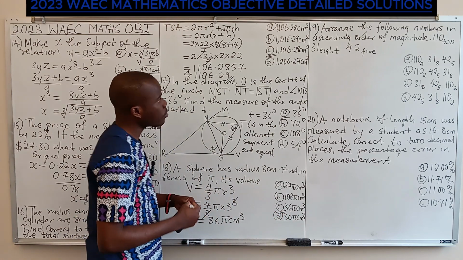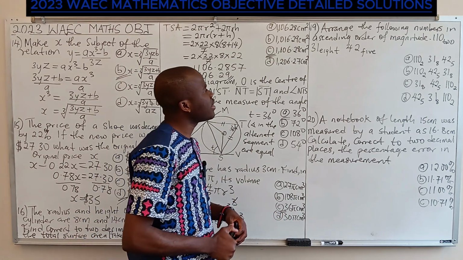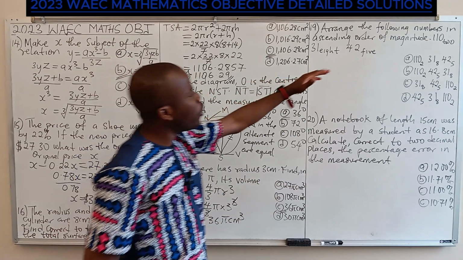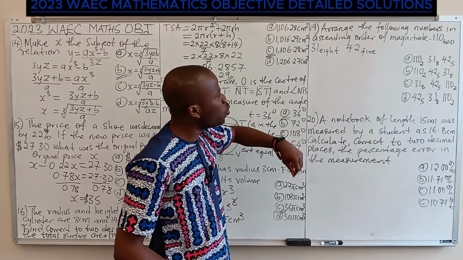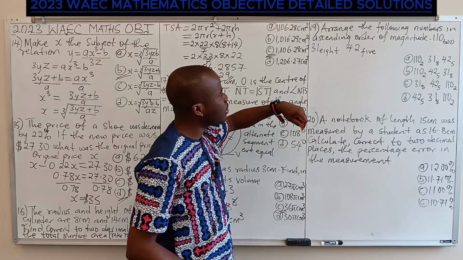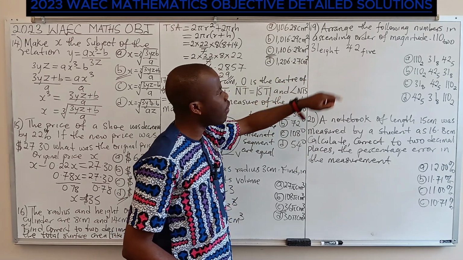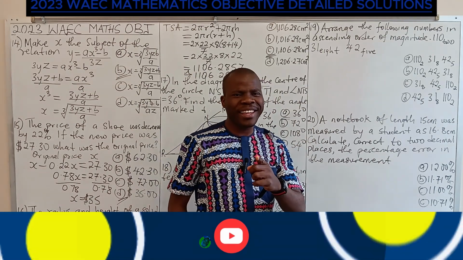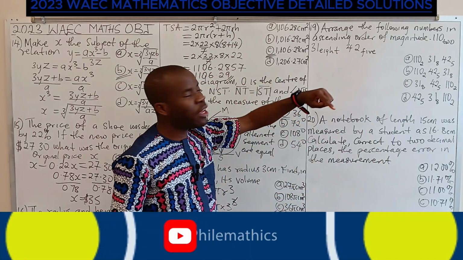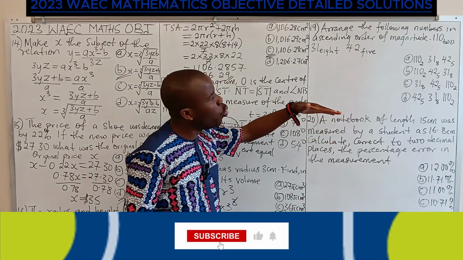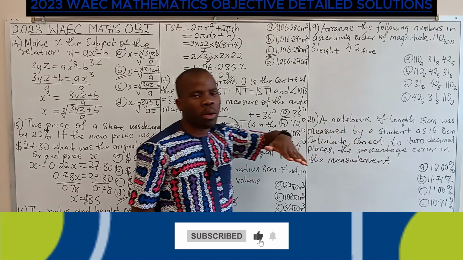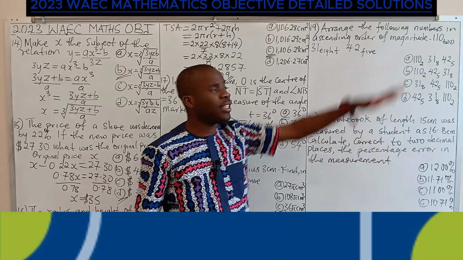Question 19 says, arrange the following numbers in ascending order of magnitude: 110 base 2, 31 base 8, 42 base 5. So what we'll do here is convert each of them to base 10, and using the base 10, we can know which one is bigger and which one is smaller, and then arrange in ascending order.